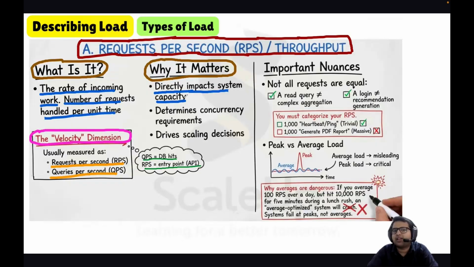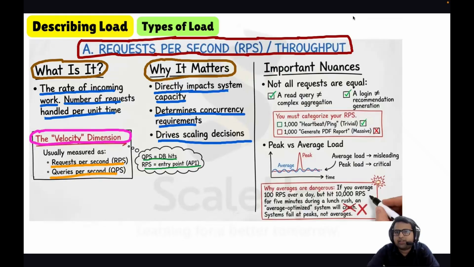It determines the concurrency requirements, and it also drives the scaling decisions.